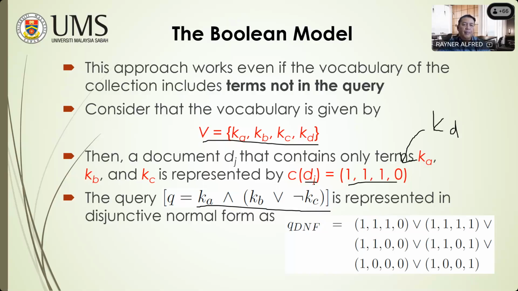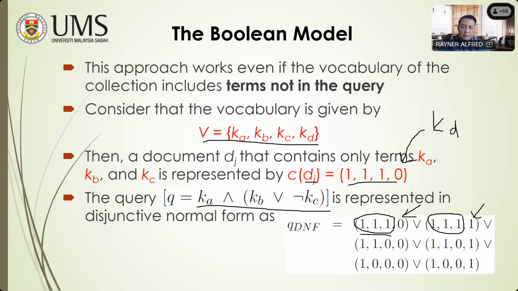Since your query only specifies A, B, C, you don't care whether that document contains keyword D or not. What you focus on is only these three. If you have 0 or 1, you don't care, you still accept.